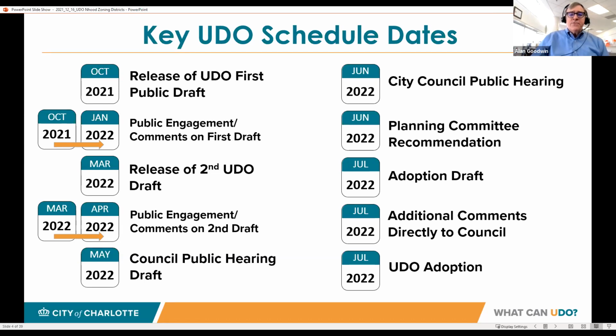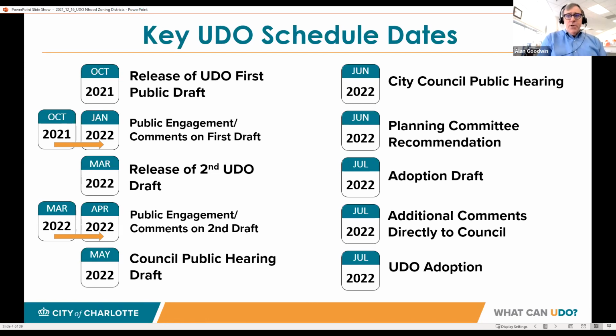We released the first draft of the UDO in October. We're in the midst of receiving public comments and feedback on the first draft. We will be issuing subsequent drafts of the UDO in red lines so that people will be able to see any changes that have been made from one draft to the next.